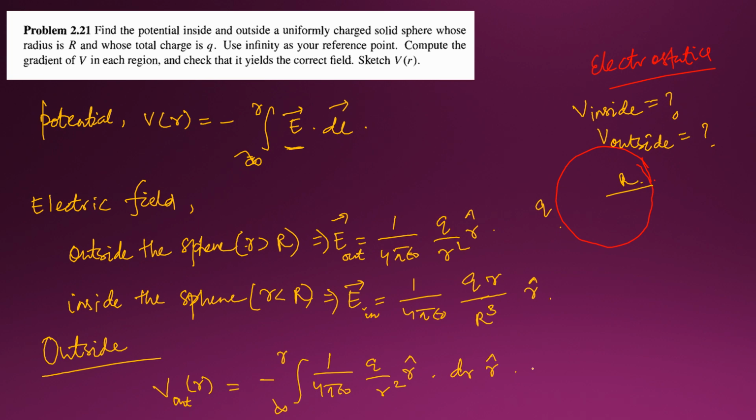So 1 by 4 pi epsilon naught and q come out, minus integral from infinity to r of dr by r square. r cap dot r cap is 1. The integral of dr by r square is minus 1 by r.